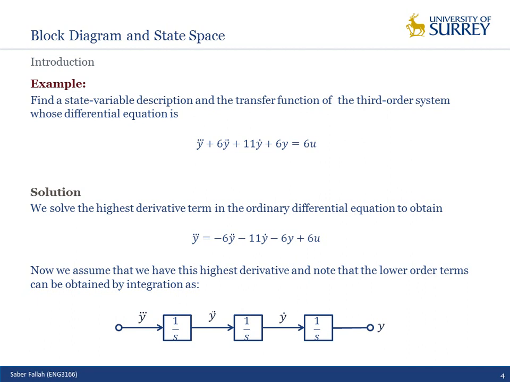What's the y double dot? y double dot is x1. So x dot 1 is minus 6 x1 minus 11 y dot, which is x2, minus 6 x3 plus 6u. I have x dot 2 equal to x1 and x dot 3 equal to x2.